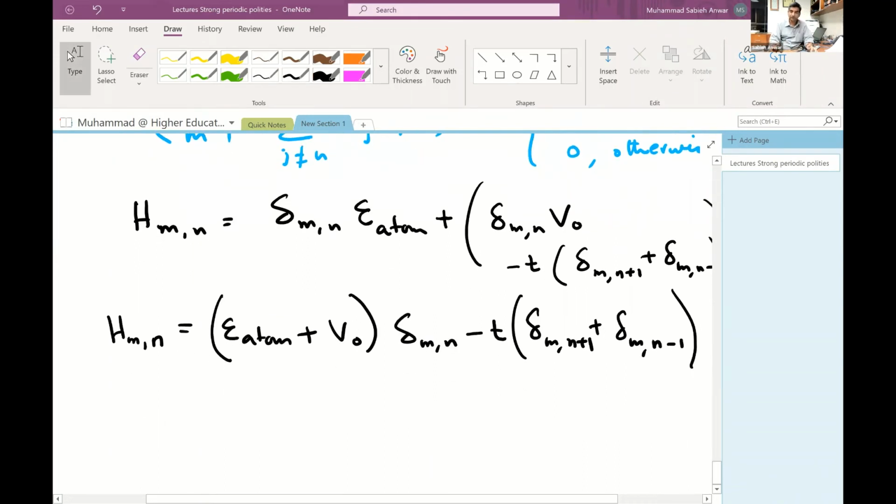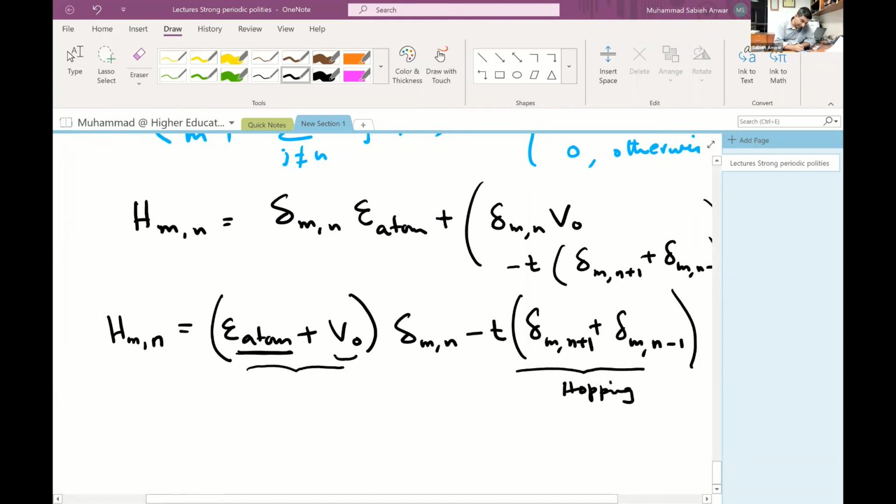All right, so far so good. By the way, this atomic energy represents the kinetic energy and the interaction of the electron bound to its own nucleus, and this V naught is the interaction of the electron with all other nuclei. But neither of these terms represents a hopping or a transition. The transition or the hopping is represented by this term in the Hamiltonian.